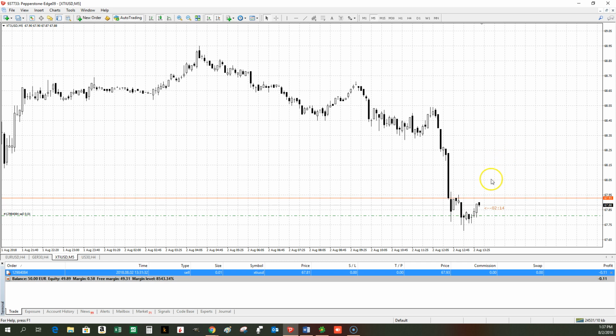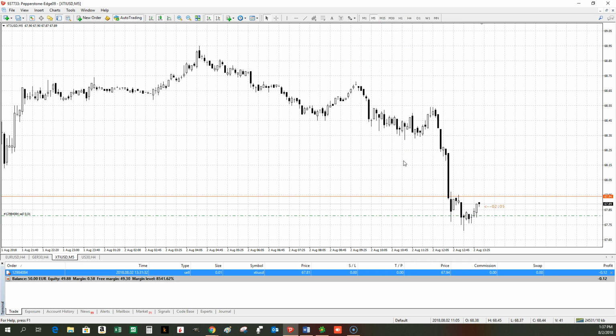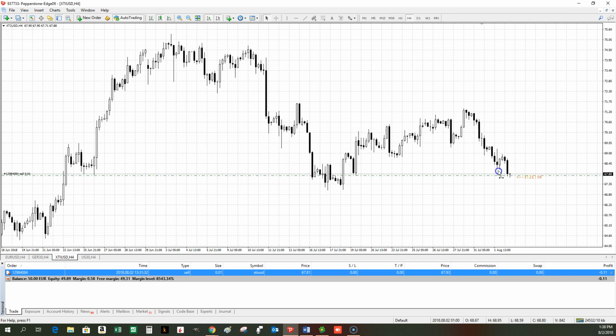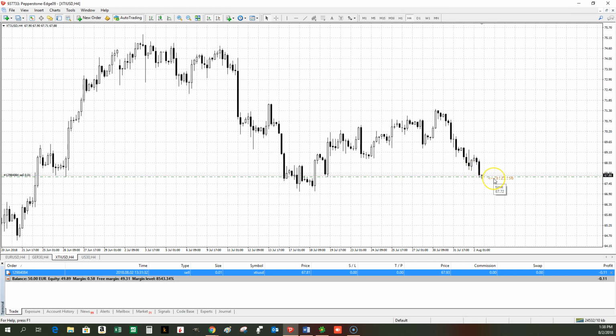Now, if you tell me, yeah, okay, but let's say that the asset is actually reversing to a new trend. From what I see right now, the trend is not finished, actually.